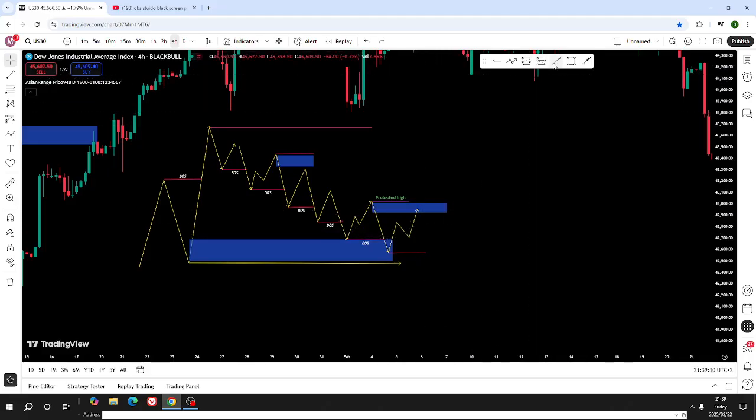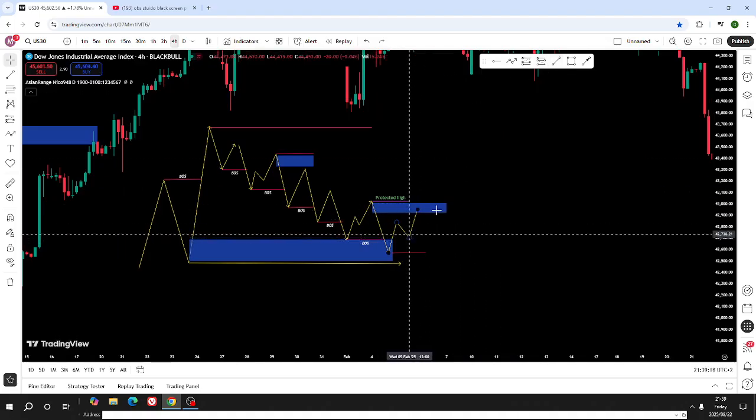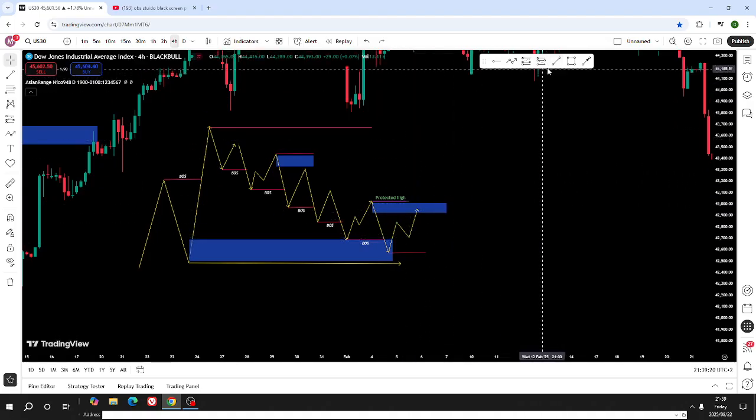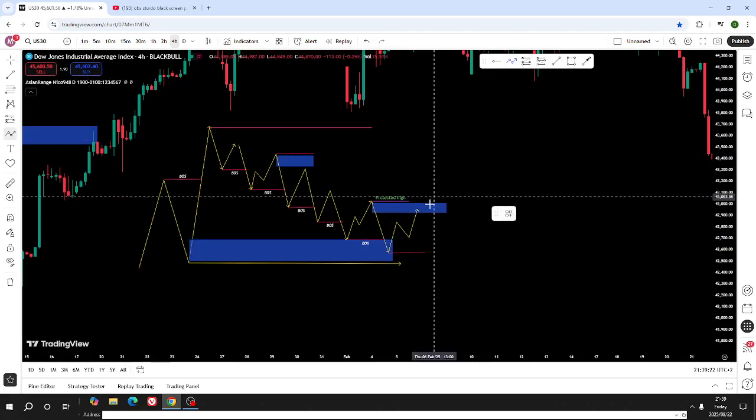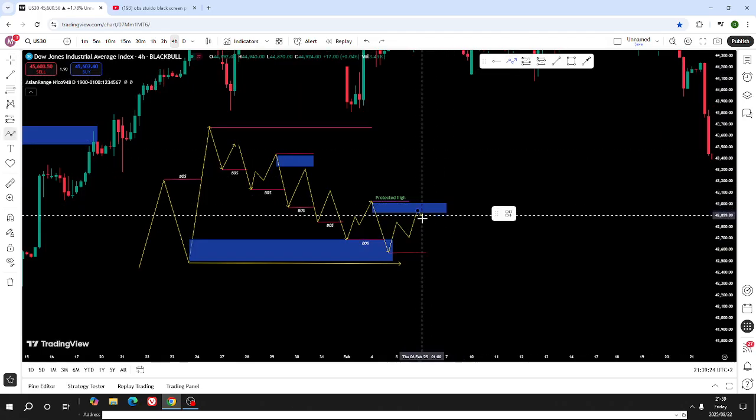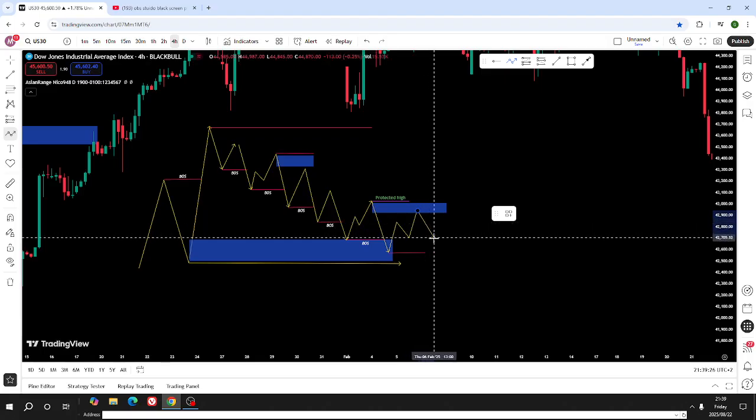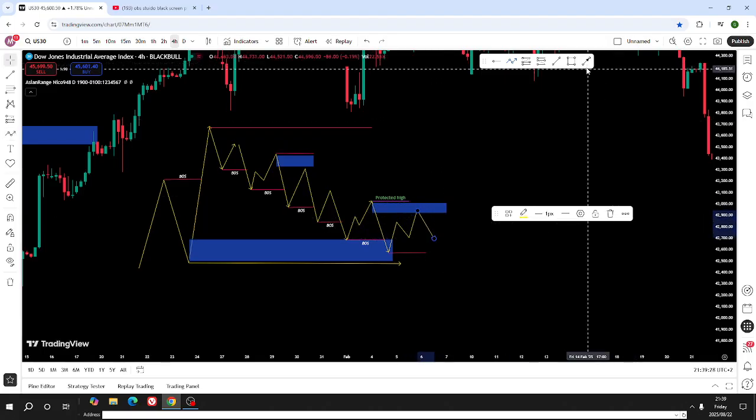So with our internal situation, what do we see? We see now that we have a low over here. What's important is that we want to see if the market is going to reject it. We want to see the market coming here and then sweeping this low.